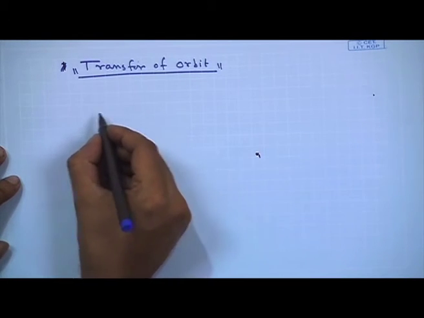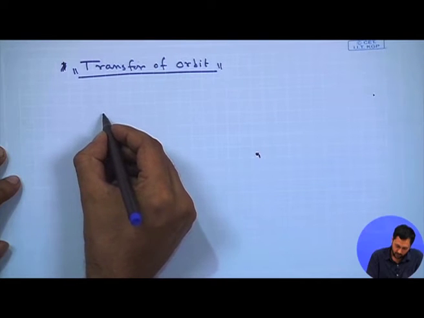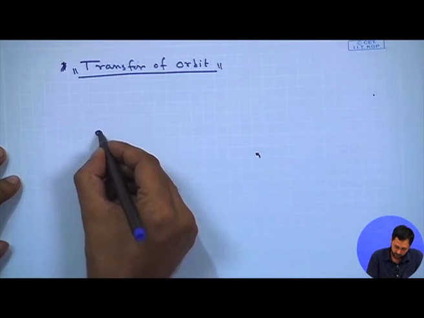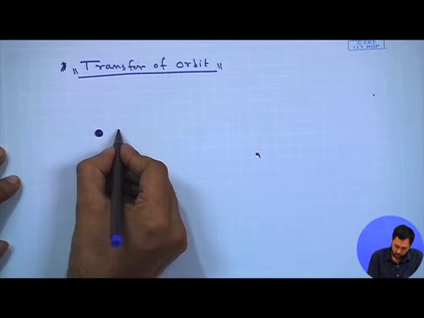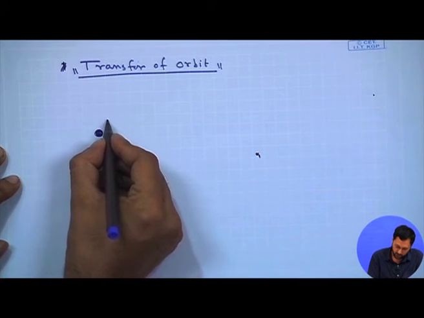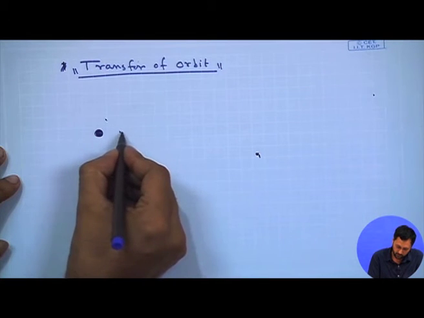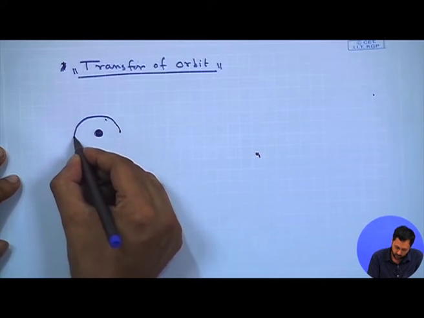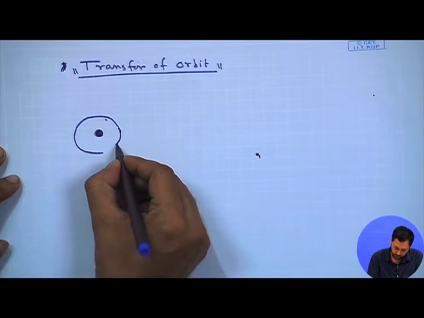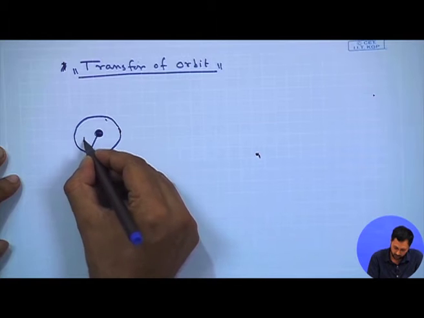The situation is as follows. Let us say this is our planet, our earth, and one particular satellite is moving in a near about circular orbit with a fixed radius r.